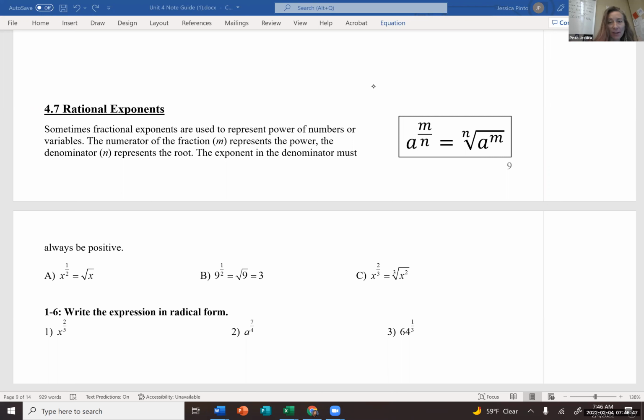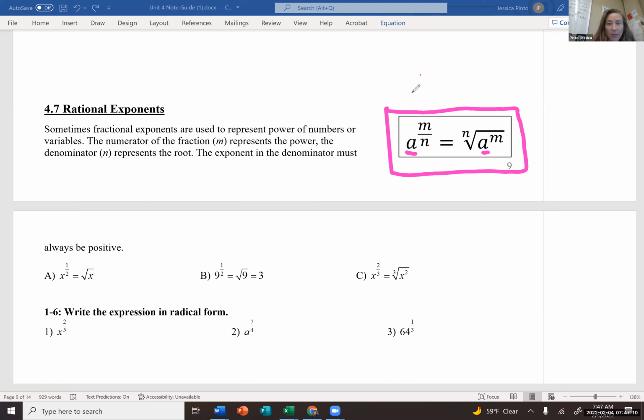So I'm looking first here at this box, and this is the most important thing that we're going to need to memorize and kind of understand. Looking at it right away, I see that the A is the base, and that's the number or variable that's going to be inside the radical, and it has an exponent.